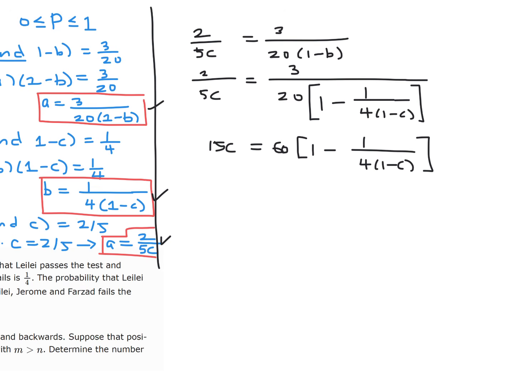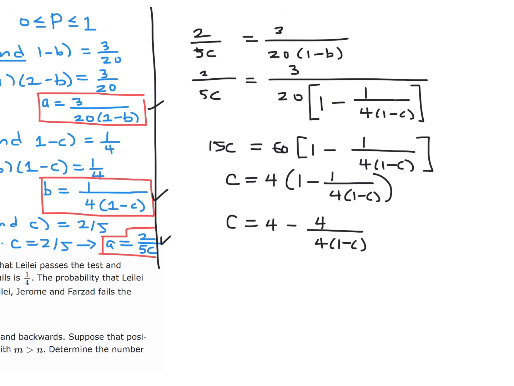Well, if I divide through by 15, this will be C and this will be 4. Yeah. And then expand, and we'll get 4 minus 4 over 1 minus C. This will be 1 over 1 minus C is 4 minus C. Is that right?